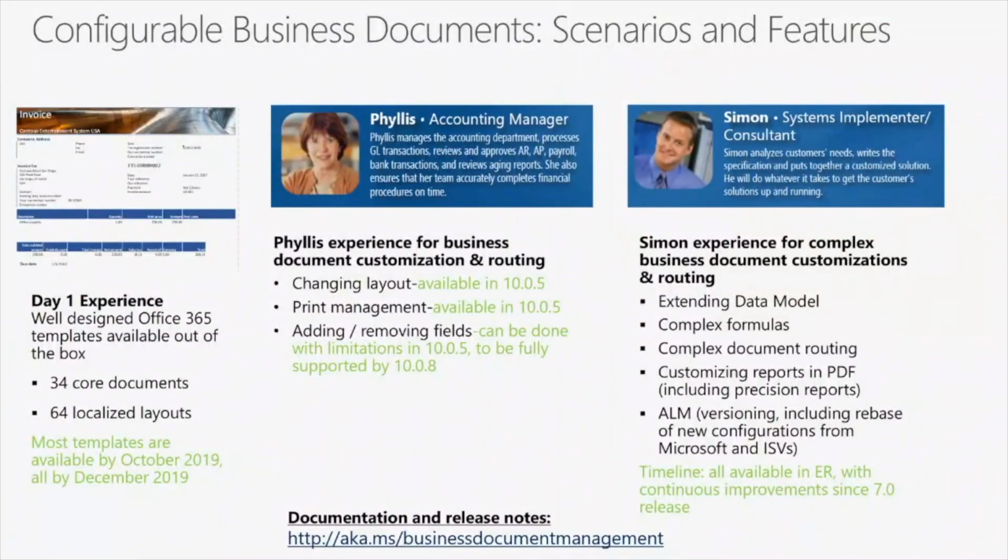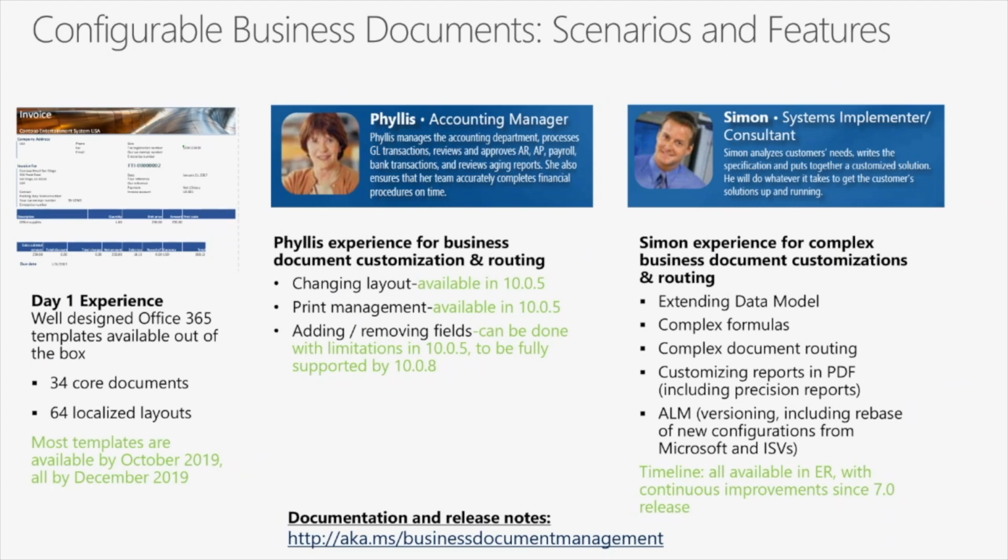So the overview of configurable business documents, scenarios and features. We released what we call the electronic reporting tool with the first release of the Finance and Operations cloud version, and we target this tool for the Simon persona. Simon is a functional consultant. He's quite an experienced guy.